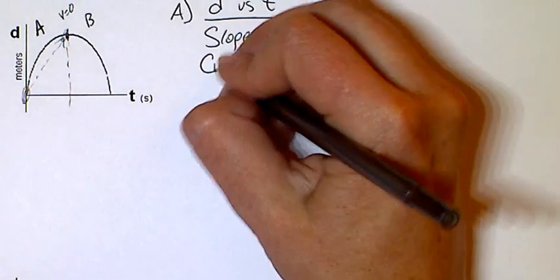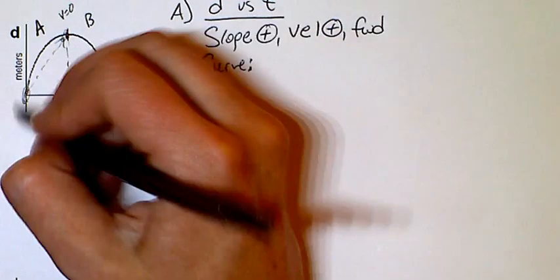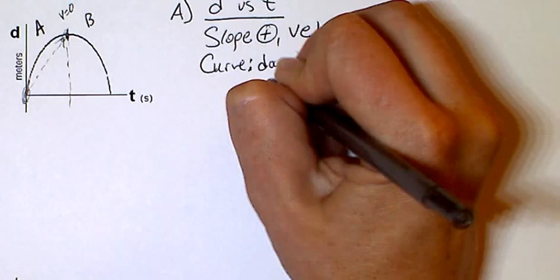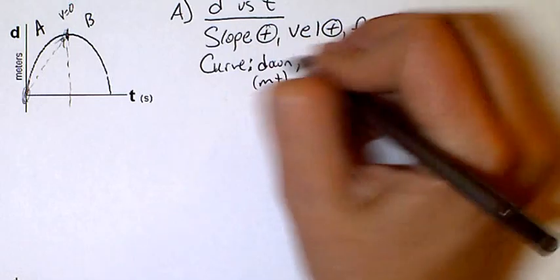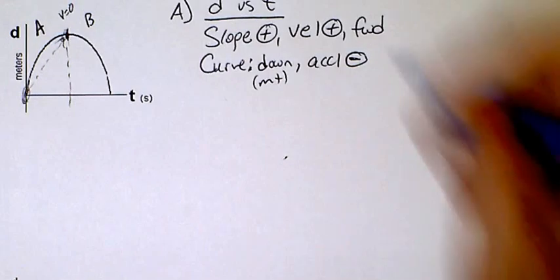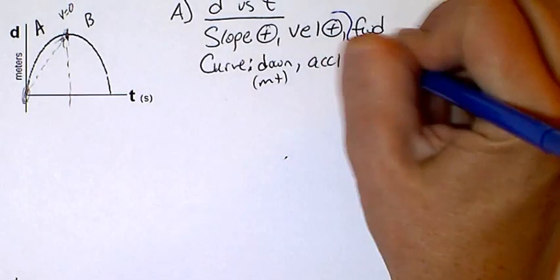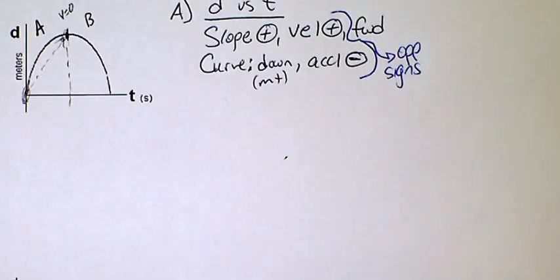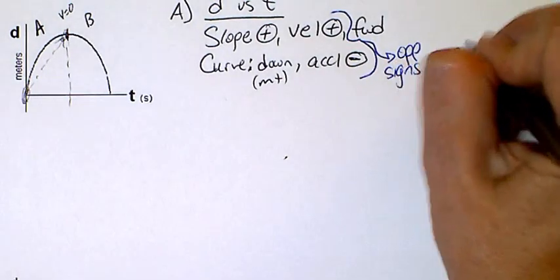There's a curve, and this curve is down like a mountain. Down means negative acceleration. And then I look at these two together, and since they have opposite signs, that means that it is slowing down. So opposite signs means slowing down.